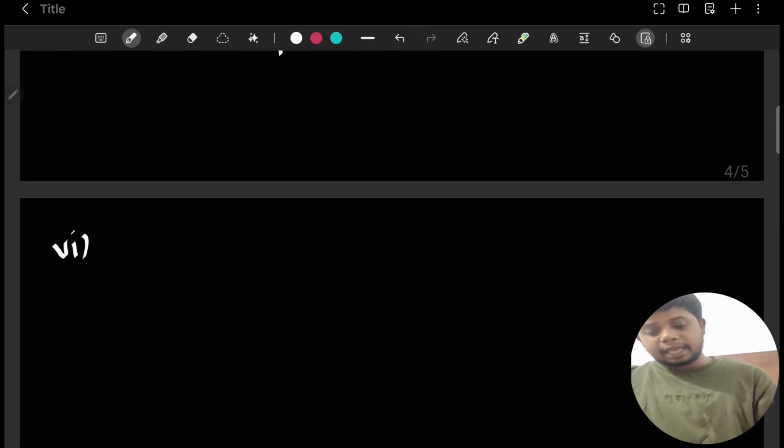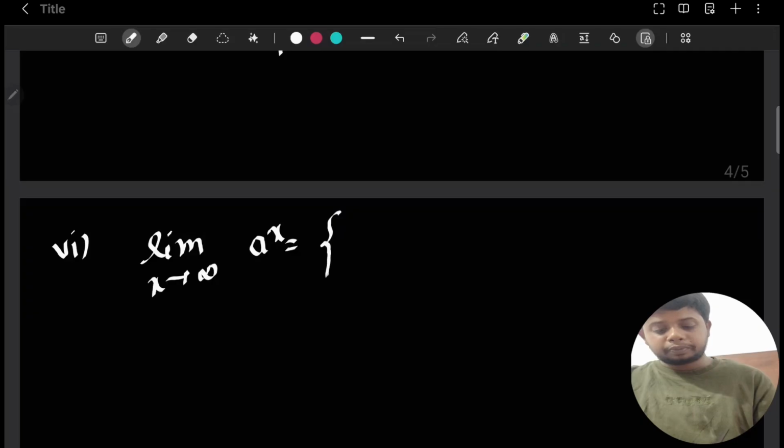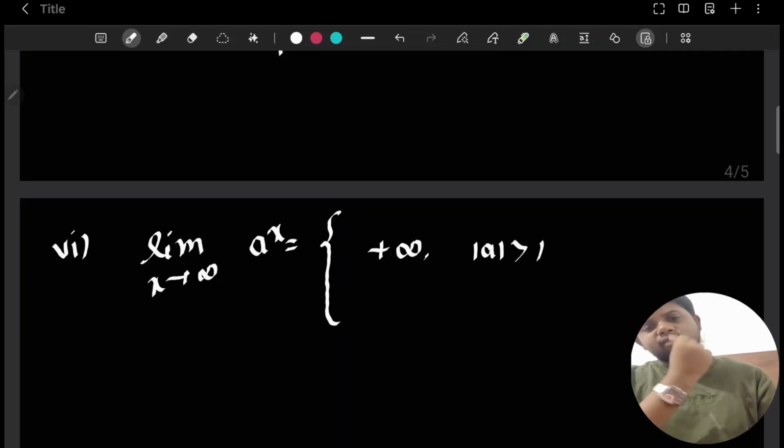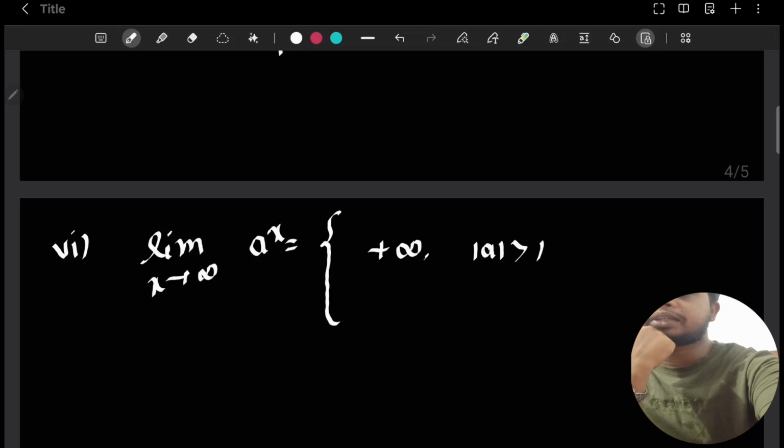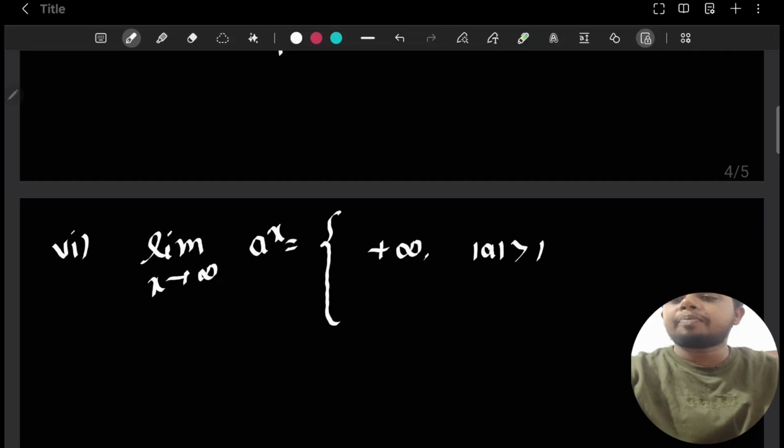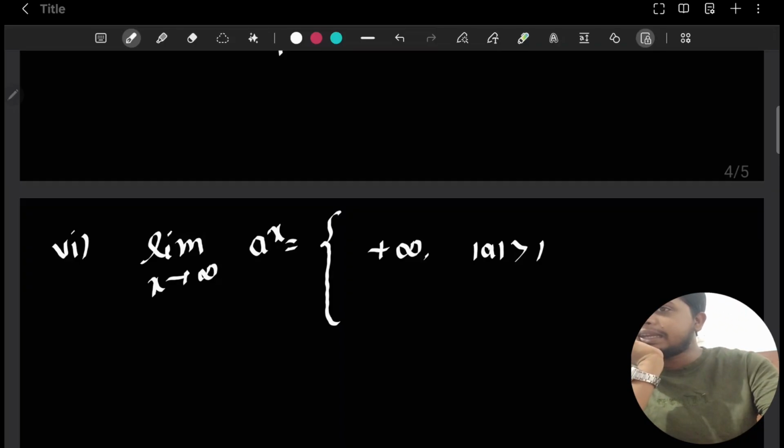So can I say that limit x tending to infinity, a power x is equal to plus infinity when a is greater than 1?